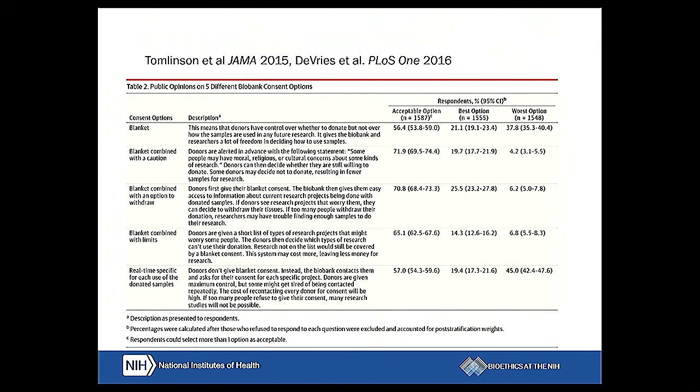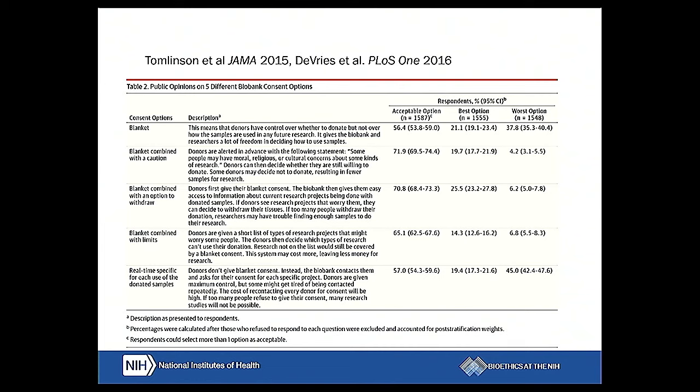I think this is a very good study that has interesting data on the use of the consent for secondary use of biospecimens. And you can see a range of types of consent with, at one end, blanket consent, which is just open to anything, and at the bottom, real-time, specific for each use.